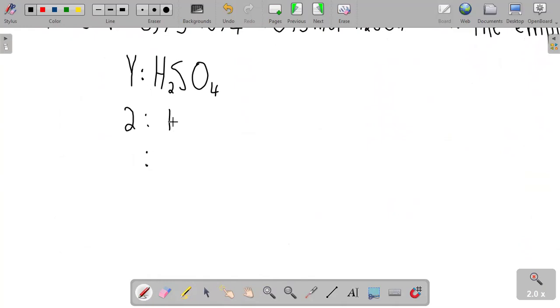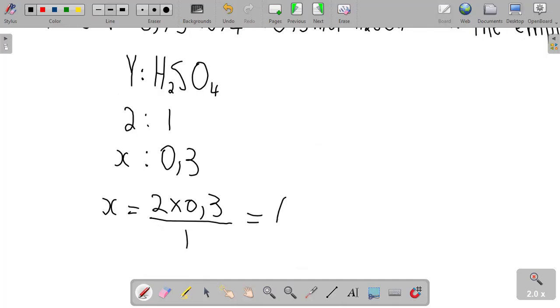Here we have 0.3, and here we have x. We don't know how many moles there are. So we find x: we cross multiply, 2 multiplied by 0.3, and then divide by 1. So it's going to be 0.6 moles of Y.